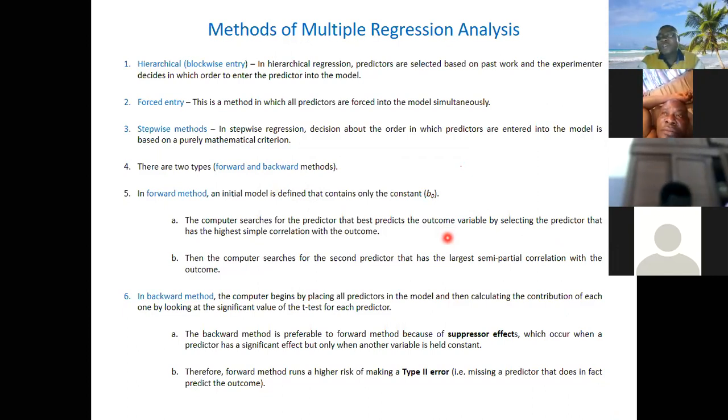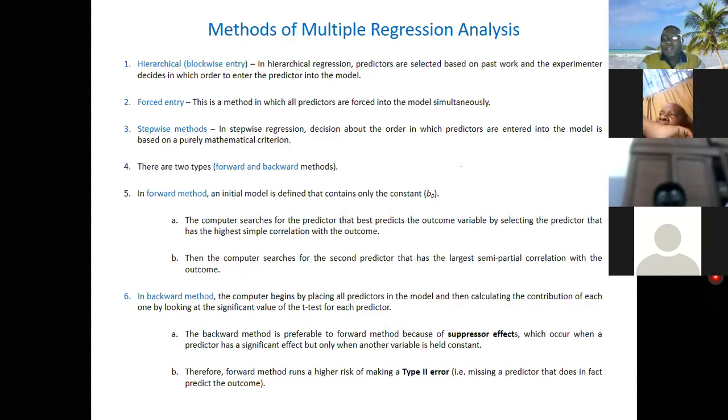For the stepwise, there are two ways: it can be the forward method or the backward method. In the forward method, you put in the one that has the biggest, the highest R square, followed by the next one.